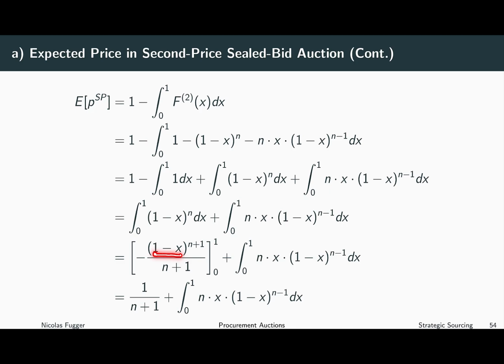And if we plug in the lower limit, 0, then this expression here is just 1. As we subtract it, minus times minus is plus, and so this here is equal to that expression. And we just carried over these two terms.